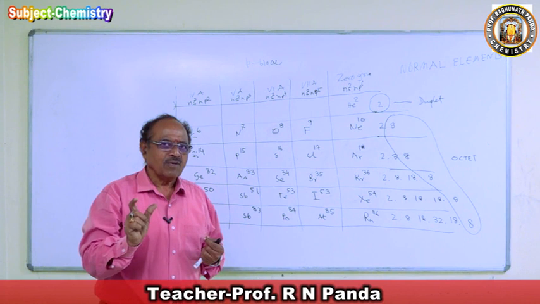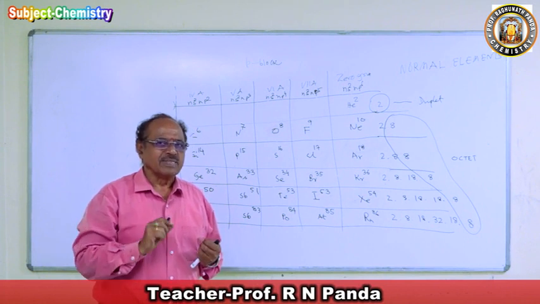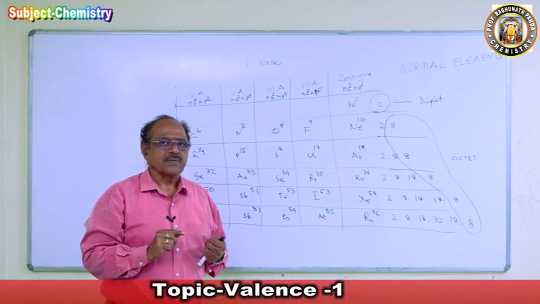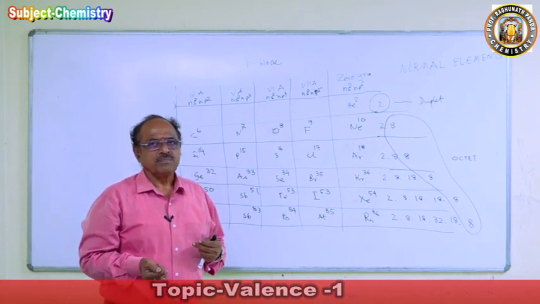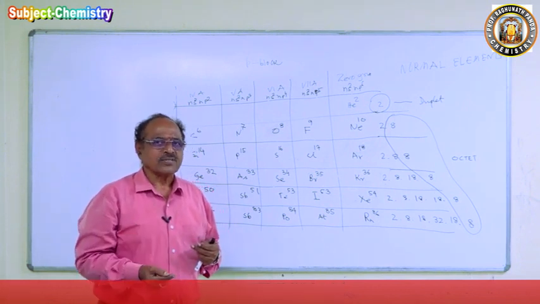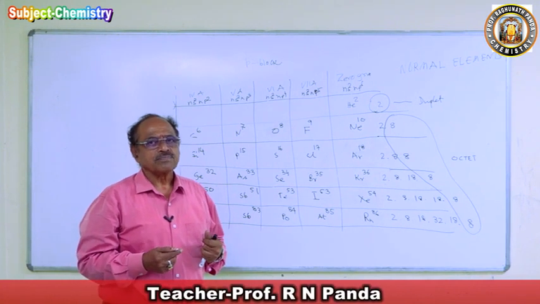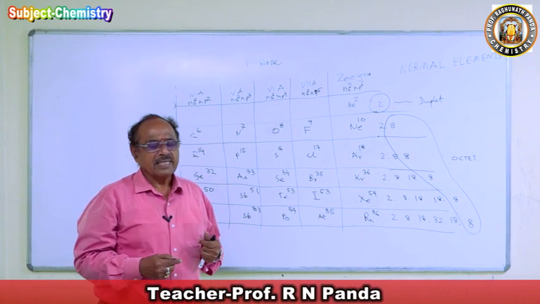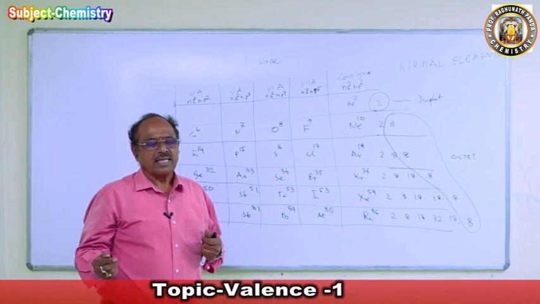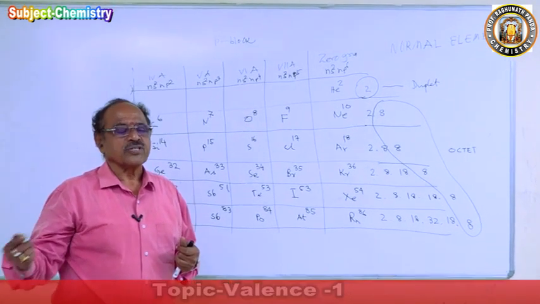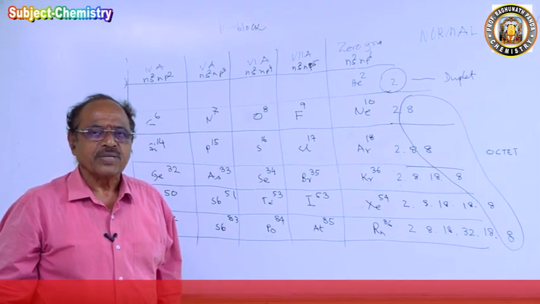Because what is the rule of octet? The atoms of every element have a strong tendency to attain octet in their outermost cell, either by losing electrons or gaining electrons, or by contributing and sharing electrons with the atom with which they undergo chemical combination.